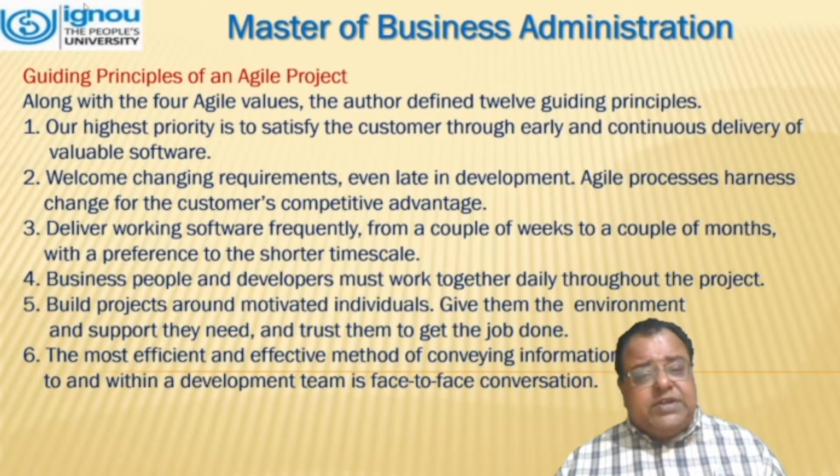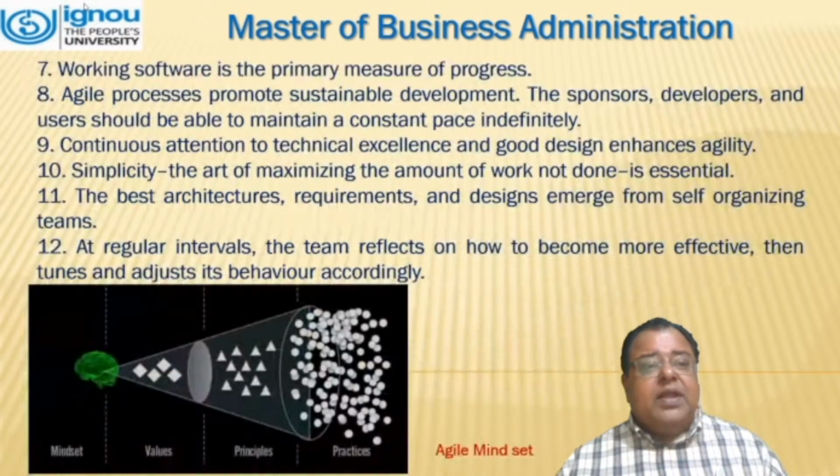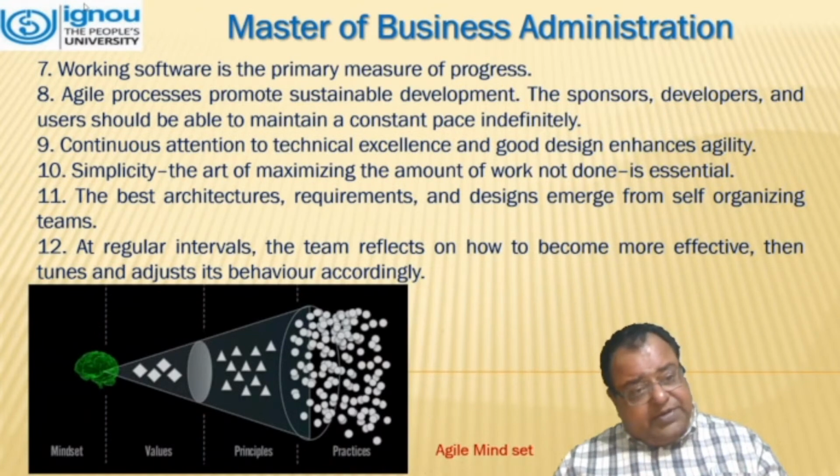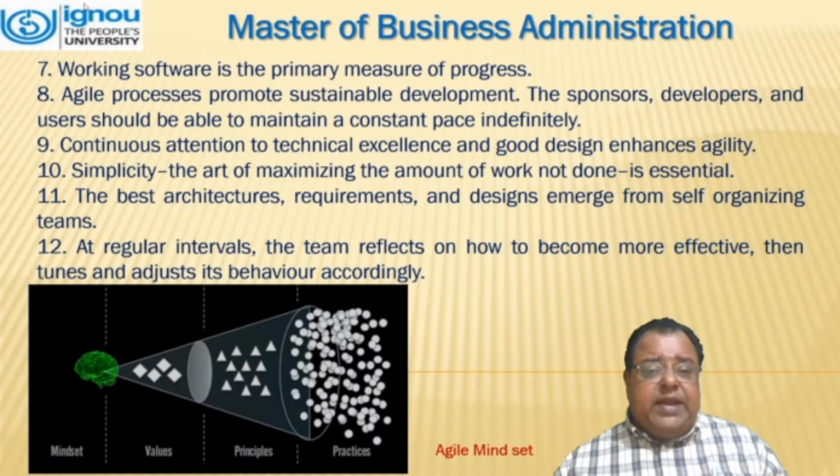The most efficient and effective method of conveying information to and within a development team is face-to-face conversation. Working software is the primary measure of progress. Agile processes promote sustainable development. The sponsors, developers, and the users should be able to maintain a constant pace indefinitely.